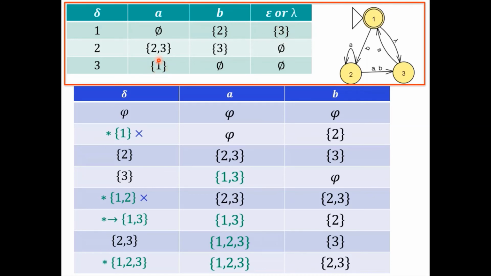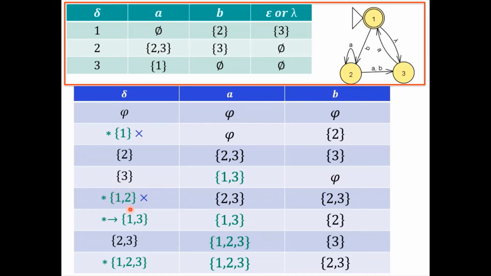So we have to concatenate the epsilon or lambda after the input letter. This would result in the transition from state 3 towards states 1 and 3 on input letter A. Now for letter B, there was no transition at state 3 in the provided NFA. So we would be pointing it towards the phi state or the empty state.